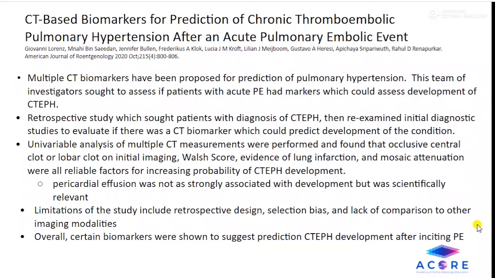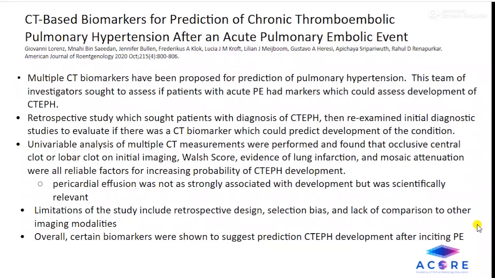Exclusion criteria included patients with signs of chronic PE at baseline or other significant lung disease which could contribute to development of pulmonary hypertension. Then, subjective grading of thrombus was examined in the main pulmonary artery, left and right main pulmonary arteries, as well as all 5 interlobar branches. Branches were graded as no obstruction, incomplete obstruction, and complete obstruction.